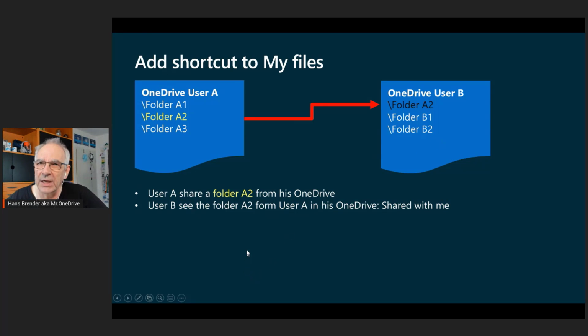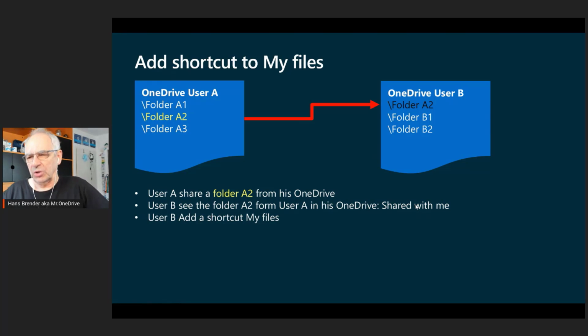And that means, okay, this user B sees that in his OneDrive in the shared with me folder. Wow, that looks very interesting. User B adds shortcut to my files. That's a function. He says, I click on it, and then I have it here in my OneDrive. Perfect. It's inside my files.